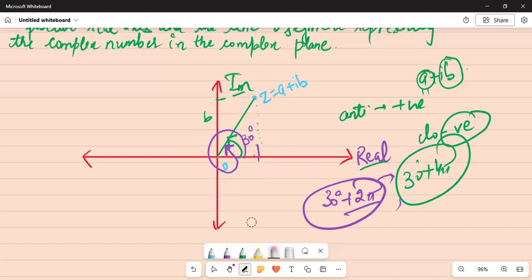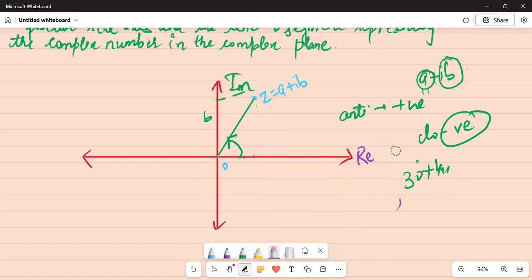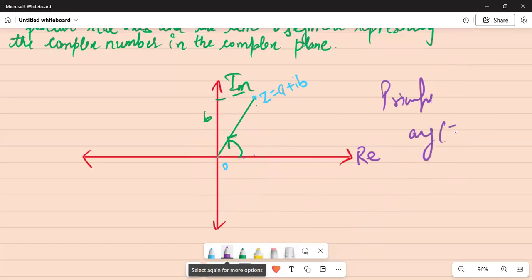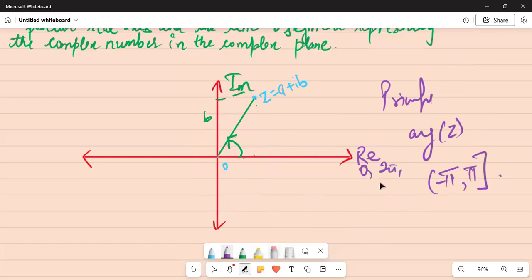But when we come to the concept of principal argument, it has to be unique. When we talk about the principal argument, in this question we denote it like arg z. It has to lie between minus pi and pi, where pi is included. So this is 0 angle, or this is 2 pi, 4 pi, whatever.